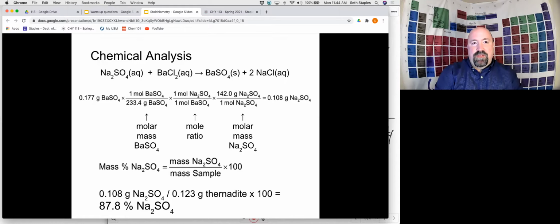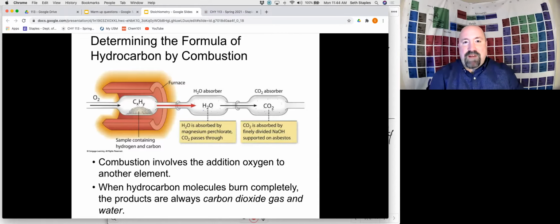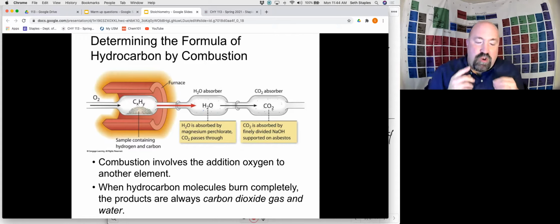The next type of analysis that we're going to talk about is called combustion analysis. Now, remember way back when we talked about empirical formulas a few weeks ago, I had talked about how empirical formula is a powerful tool, because if we don't know the identity of a sample, especially a sample of some sort of hydrocarbon, we can send it through a combustion analysis and find the empirical formula of that unknown compound.